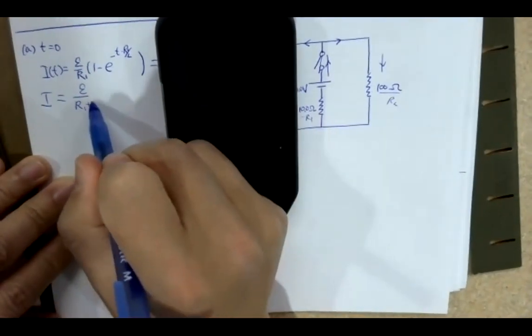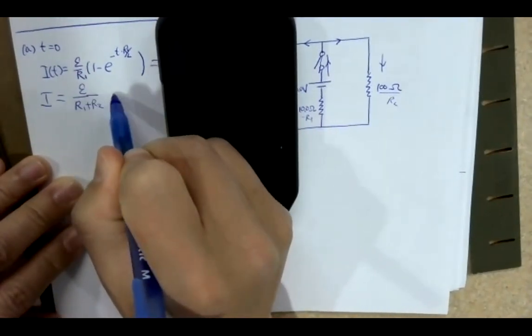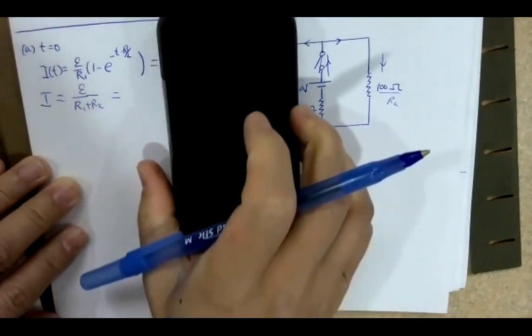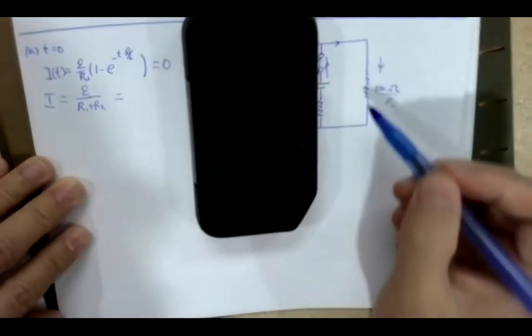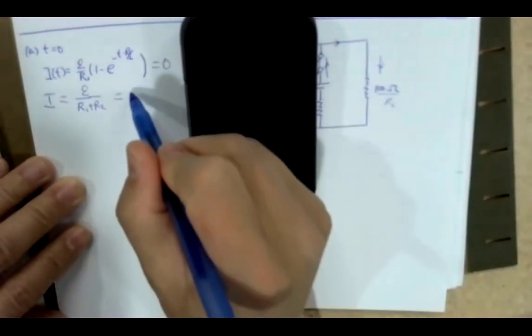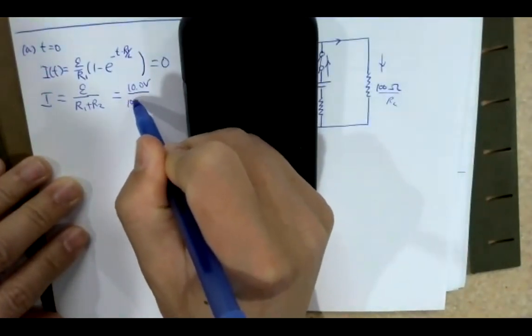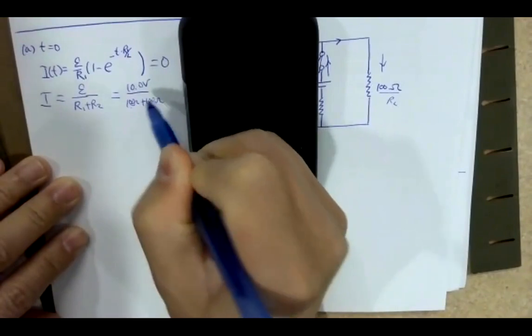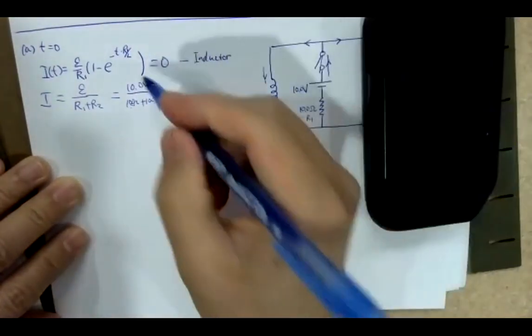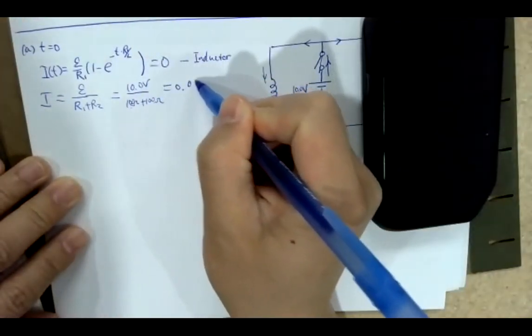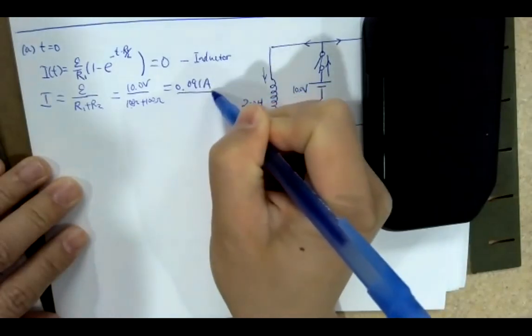So R1 plus R2 are in series, and you can calculate the current through this resistor. It's 10 volts divided by 10 ohms plus 100 ohms, which gives you 0.091 amps.